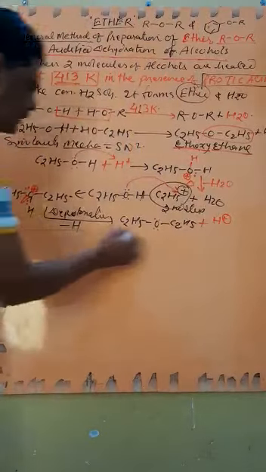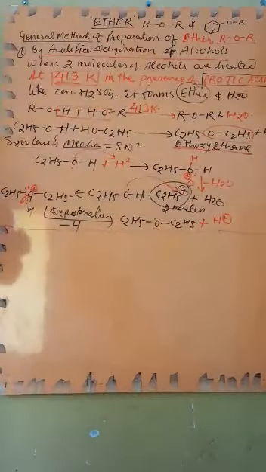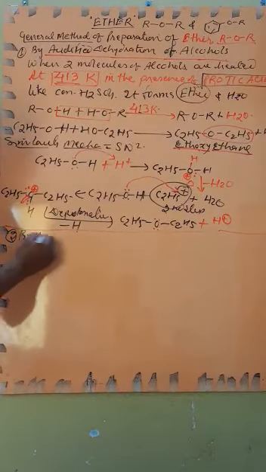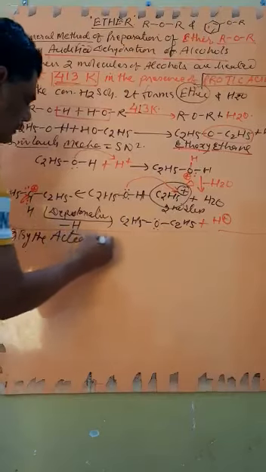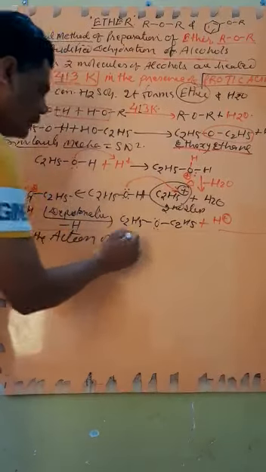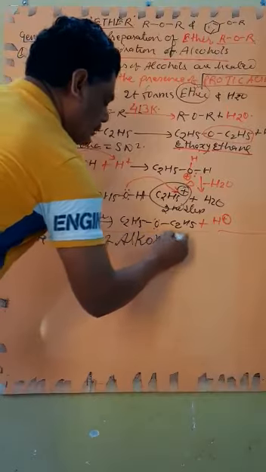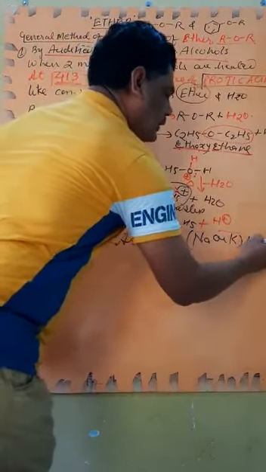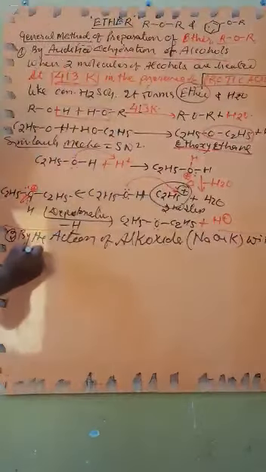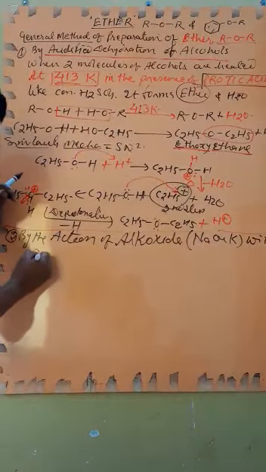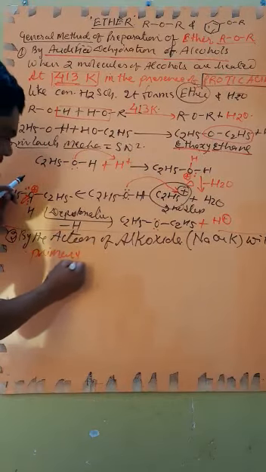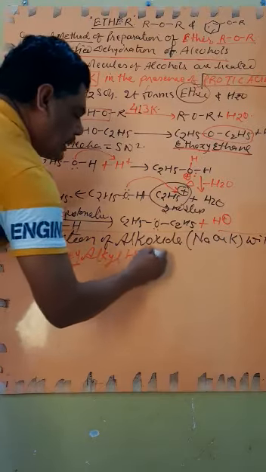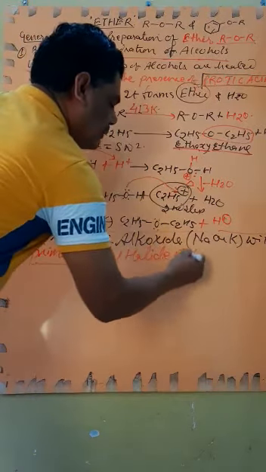So this is one of the method of preparation of ether. The second method of preparation is by the action of alkoxide. By the action of alkoxide, you can take sodium or potassium alkoxide with primary alkyl halide. Remember, here for better yield we are using primary alkyl halide, that is, you can write simply RX.